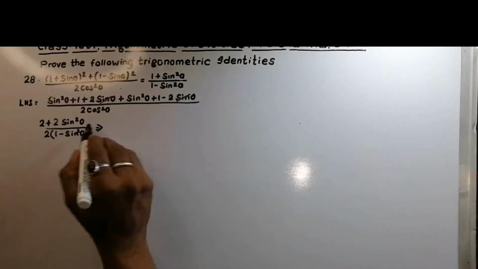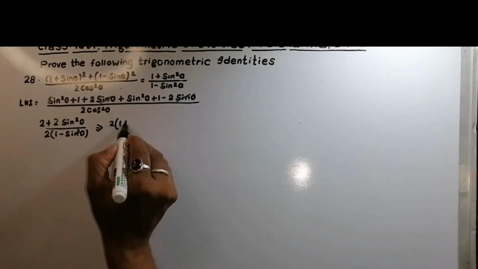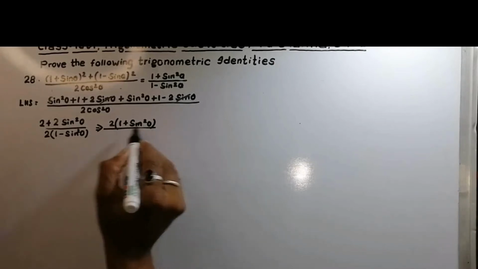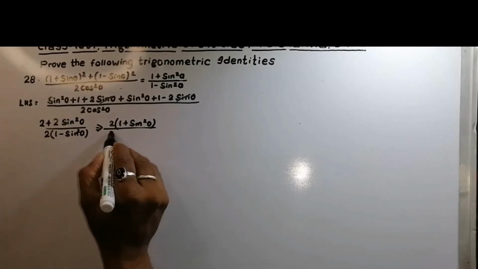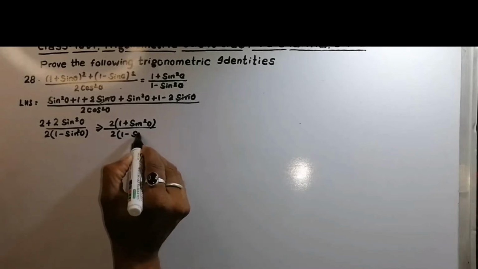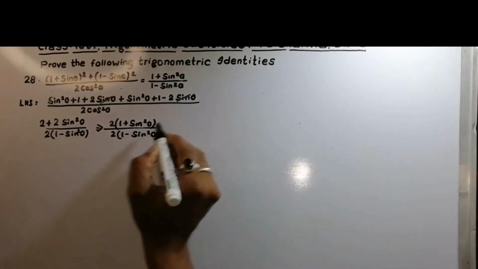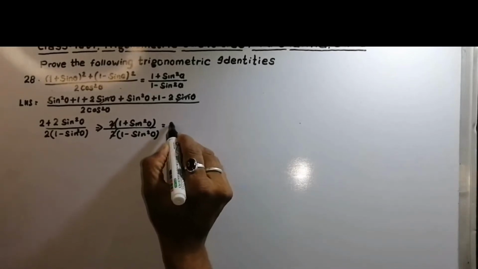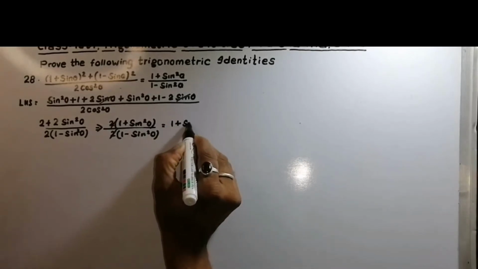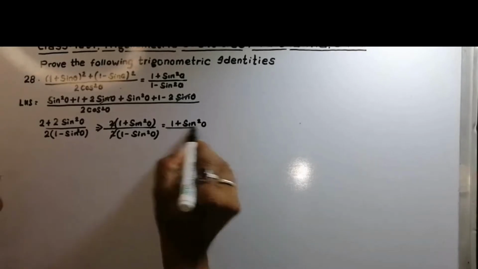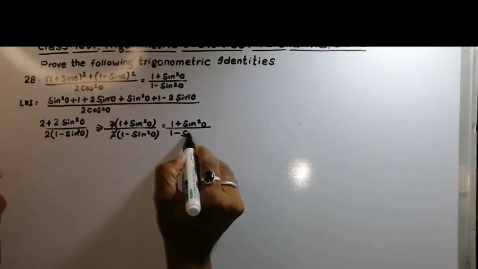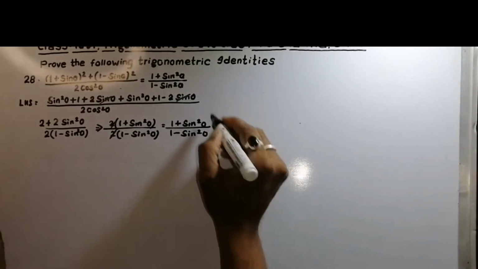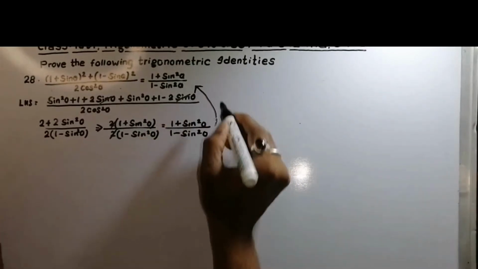If we take common 2, we can write 1 plus sin square theta, and here we can write 1 minus sin square theta. 2 divided by 2, so we can write 1 plus sin square theta upon 1 minus sin square theta. So we get here right hand side.